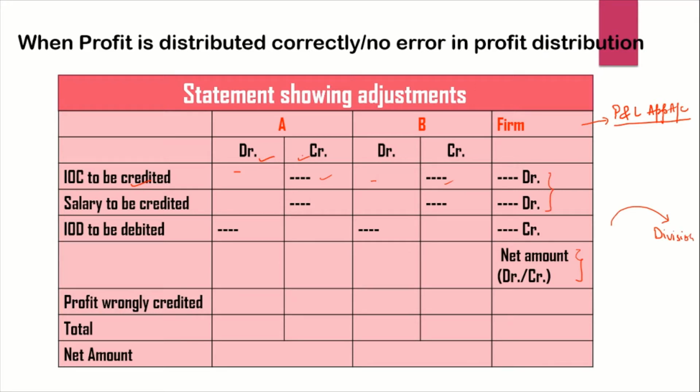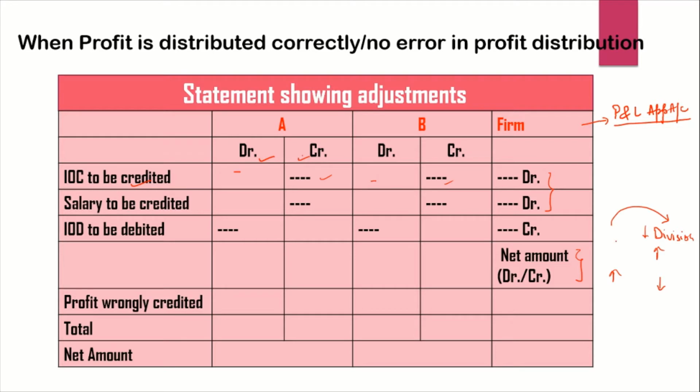If debit is more than credit, I'll be writing credit here, in reverse. Why? Because if debit is more than credit, that means I have given a lesser amount of profit. Divisible profit is less, so I need to increase it. If I'm providing interest on capital, of course, divisible profit will decrease.